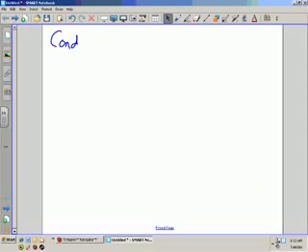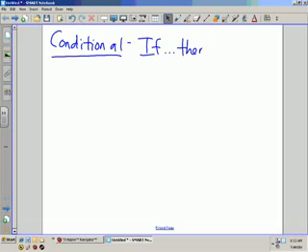A conditional is very simply an if-then statement.